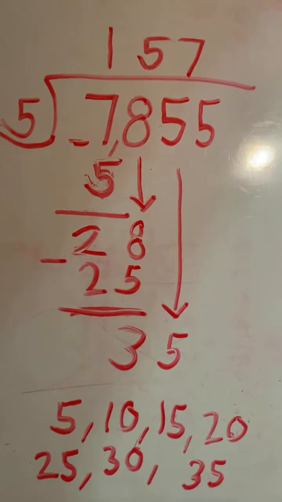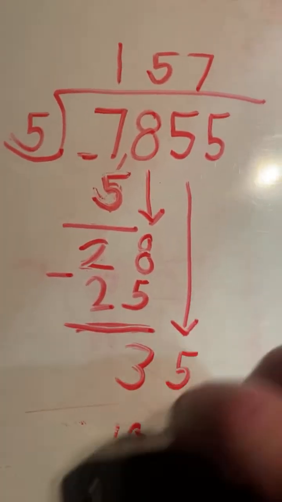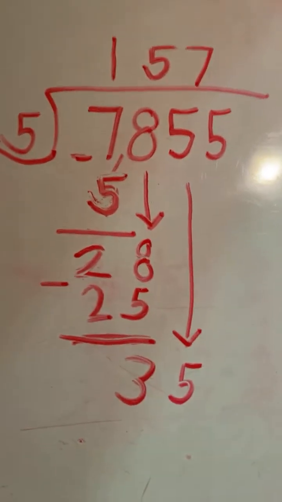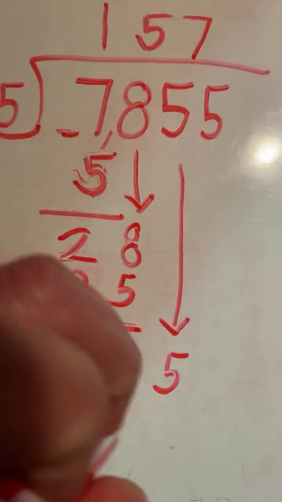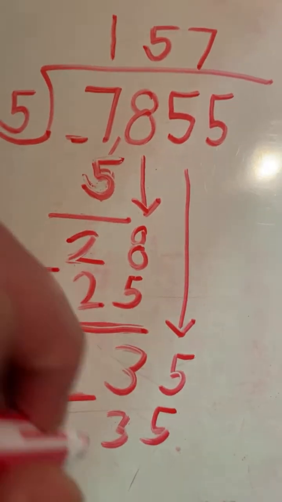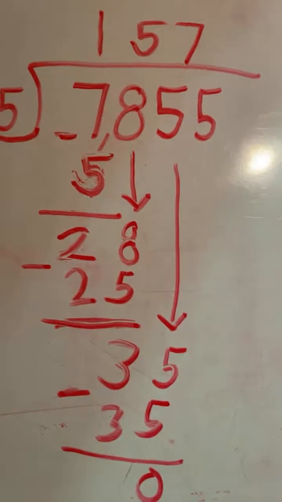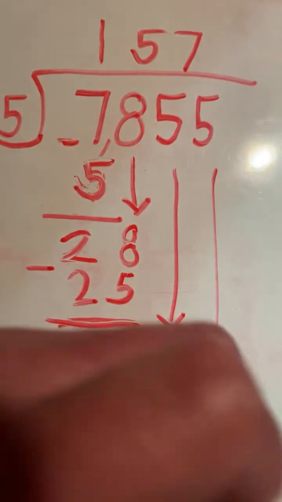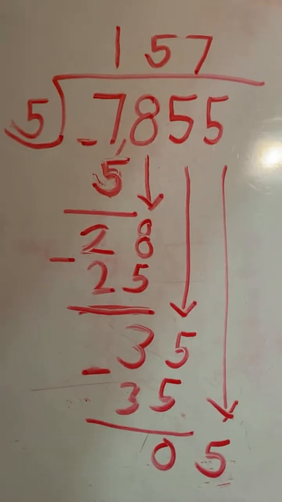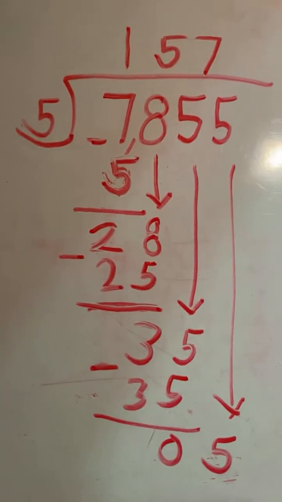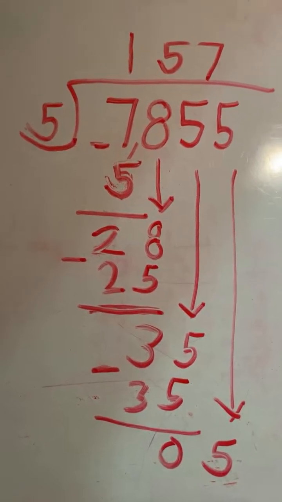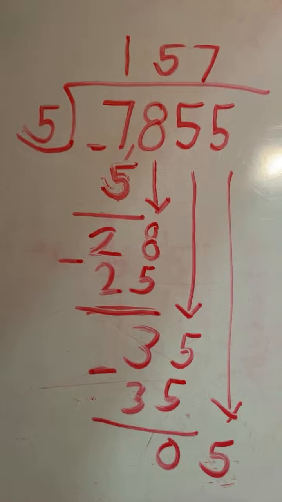As you can see, we always subtract the very last number that we skip counted without passing the number. So 35 minus 35, we subtract that. There is no remainder there. Bringing down the final number now. 5 divided by 5 equals 1.